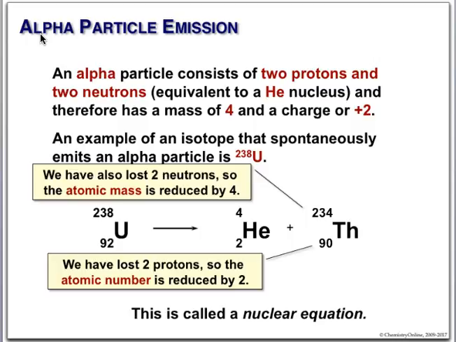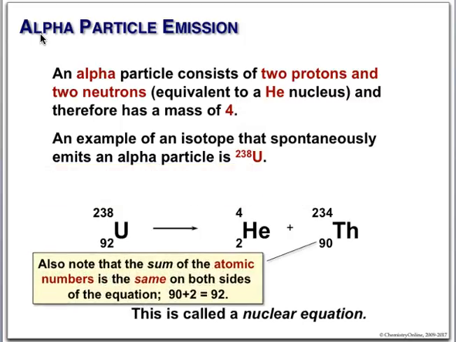Again, it all adds up to 238. The thing about a nuclear equation is that the number of protons and neutrons on both sides must be the same. Here we had 92, that's the same as 90 plus 2.